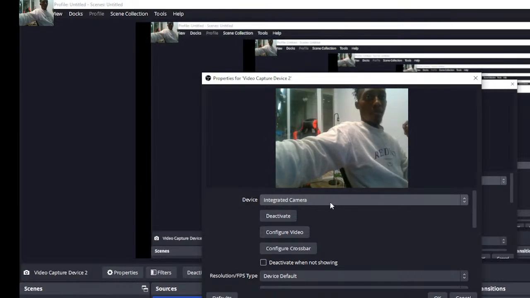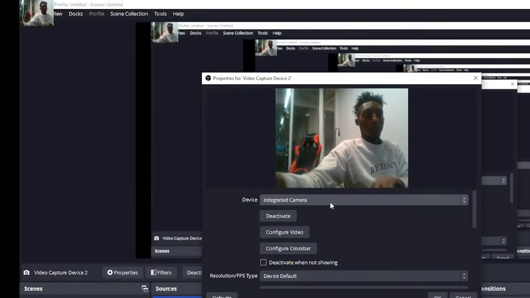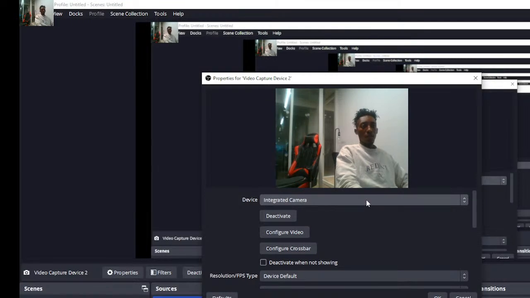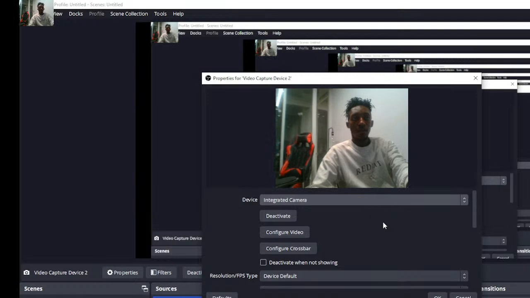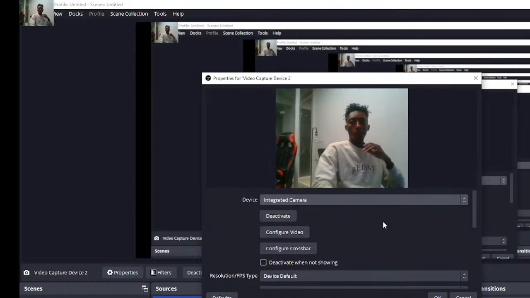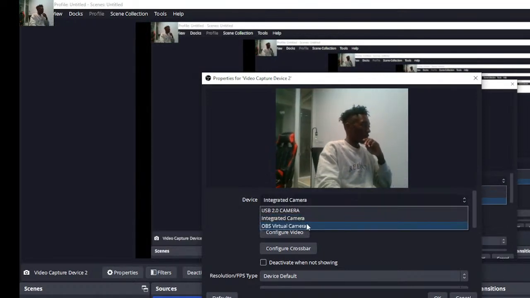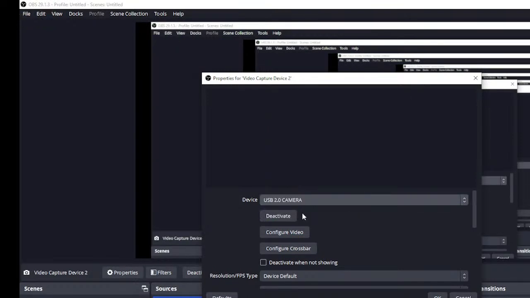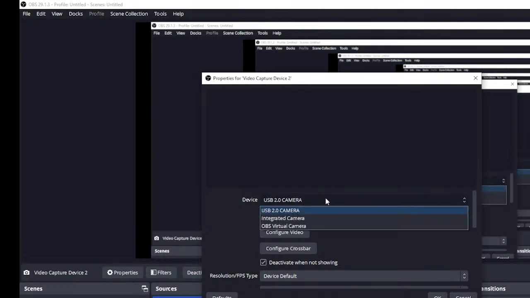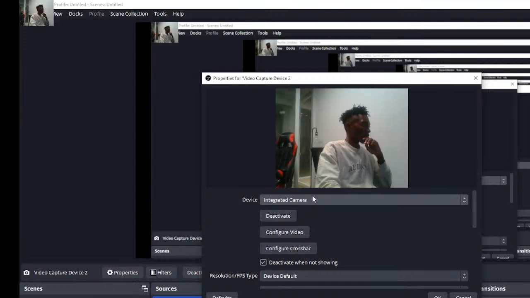Which one? Okay, it's this one. We want to use the second one. So okay guys, we are just setting up our camera, so kindly be patient.